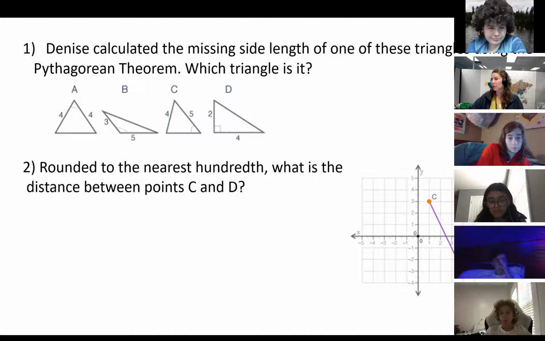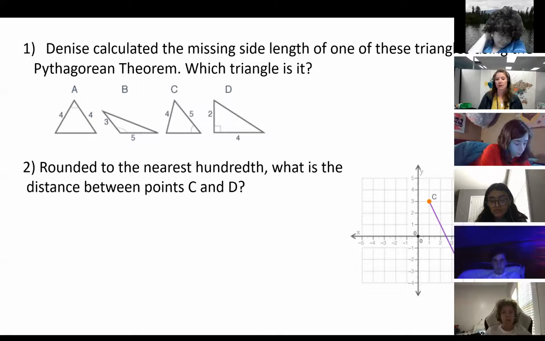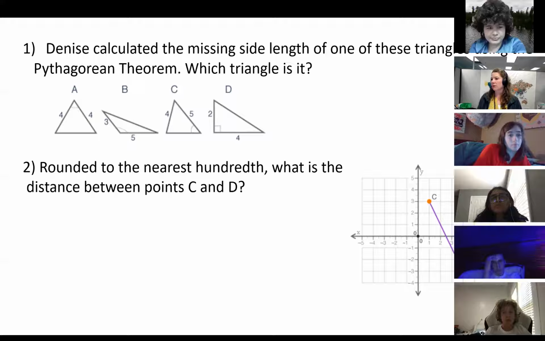This is a multiple choice question. All of you can send me an answer. Is this a trick question? Do we have enough information to answer this question? We do. Can someone unmute and tell me what the answer is and why?